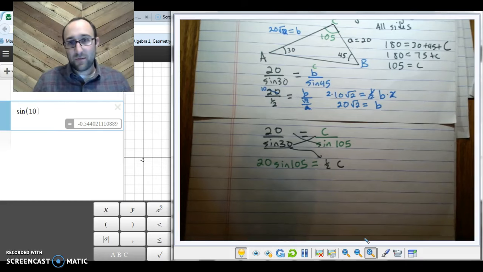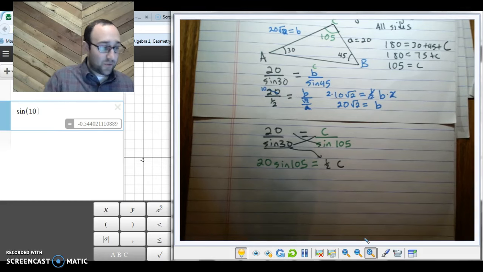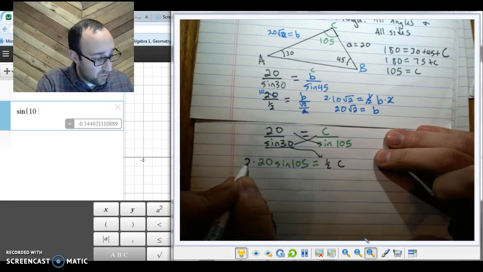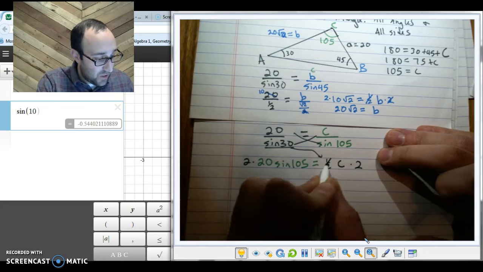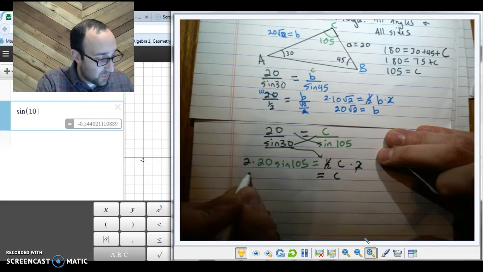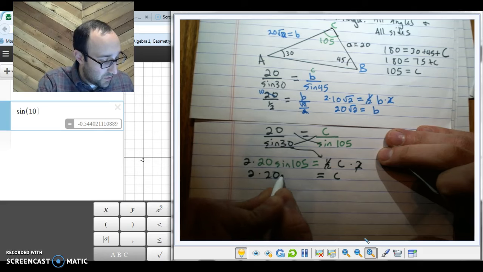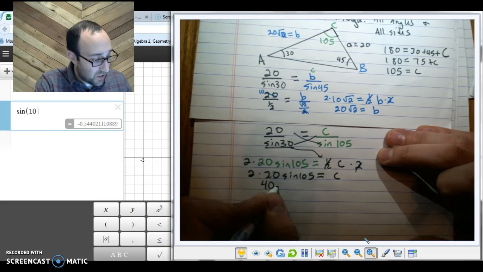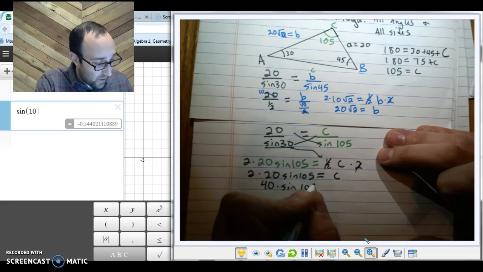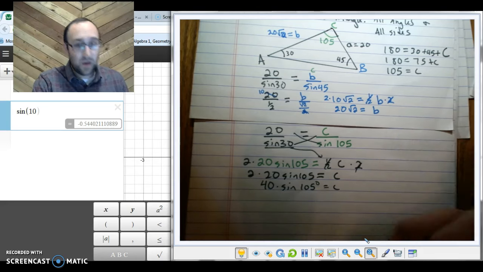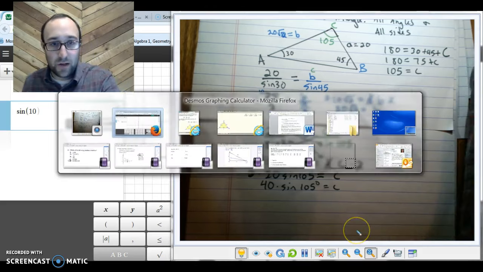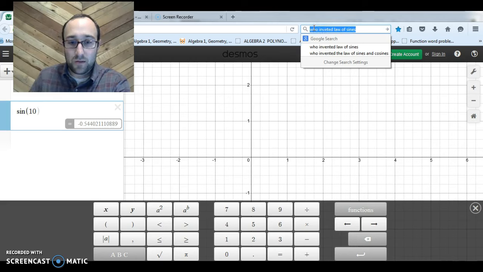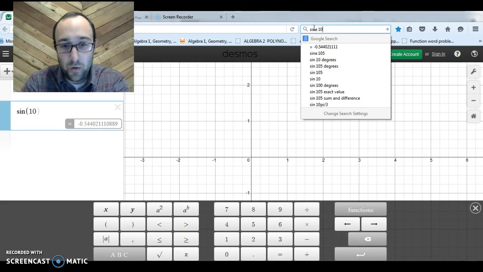So we have sine 105 times 20 equals 1/2 C. What I'm going to do is multiply that by 2, multiplied by 2. These cancel out, and I'm going to end up with C equals 2 times 20 sine 105. 2 times 20 is going to be 40 times sine 105 degrees equals C. Now I guess what we can do, let's just go find our good friend Google and look up sine 105.